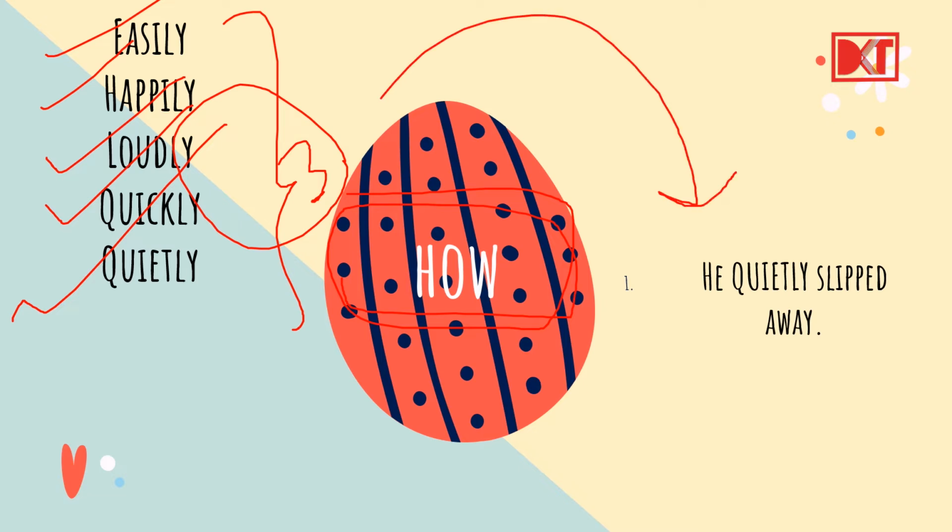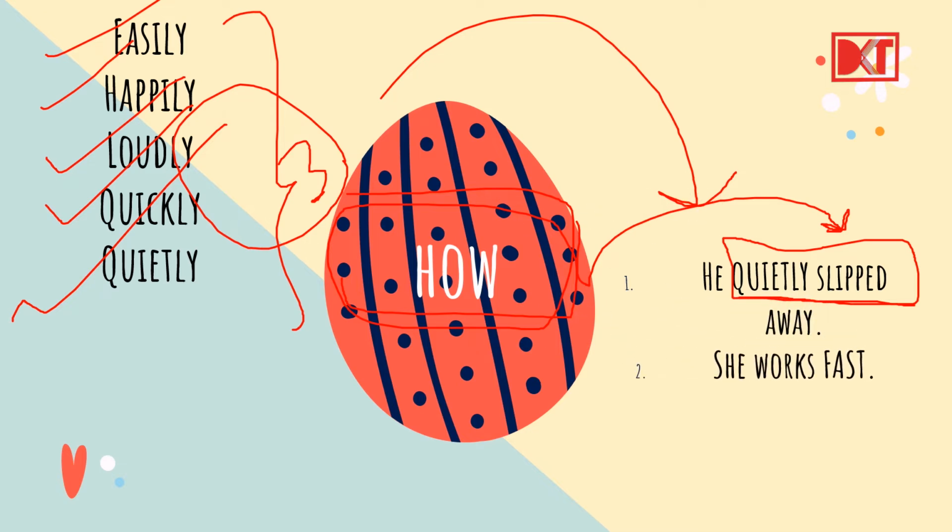How do we use them in sentences? He slipped away. How did he slip away? He quietly slipped away. So the word answering the question of how is quietly. So the adverb is quietly here. Another, how does she work? She works fast. So the word which is answering the question of how is fast. Okay, this was the third category.